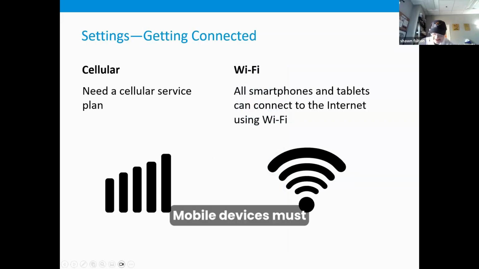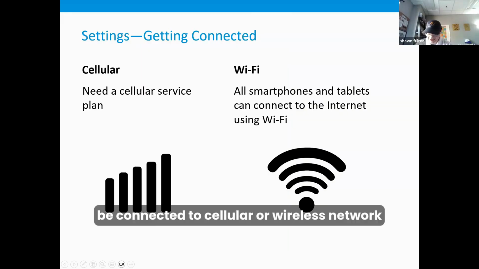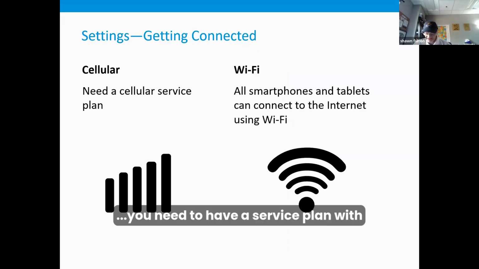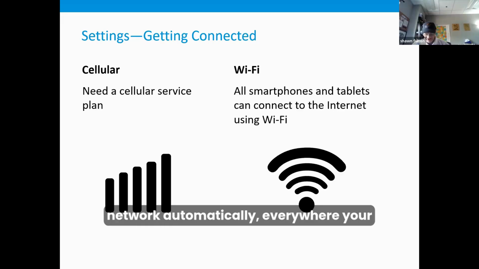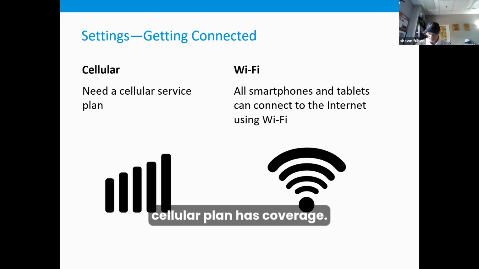Mobile devices must be connected to a cellular or wireless network to access the internet and make calls. To connect your phone to a cellular network, you need to have a service plan with a cellular service provider. If you have a cellular plan, your phone will connect to the network automatically everywhere your cellular plan has coverage.